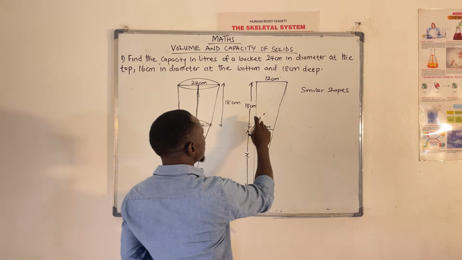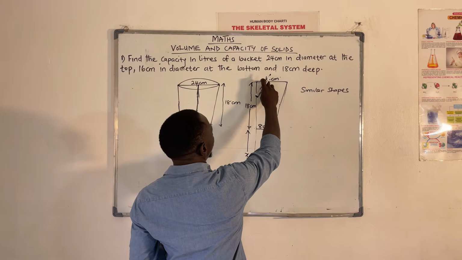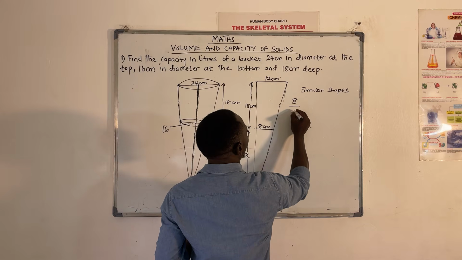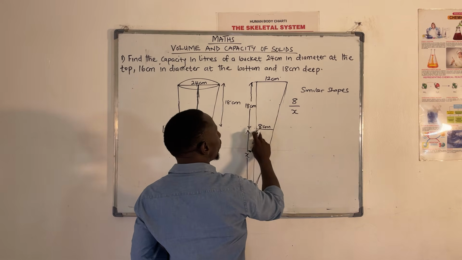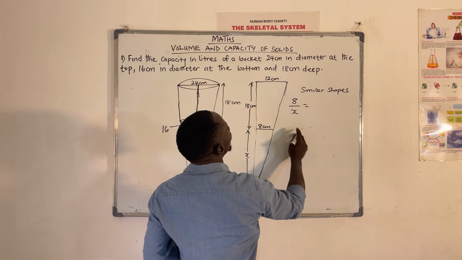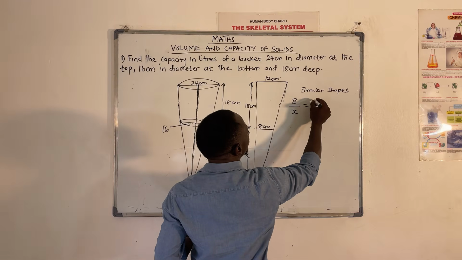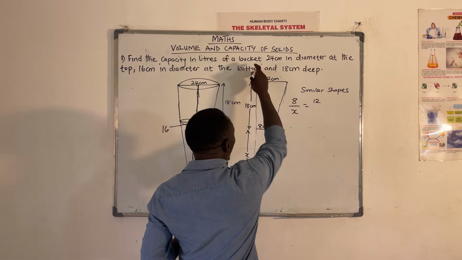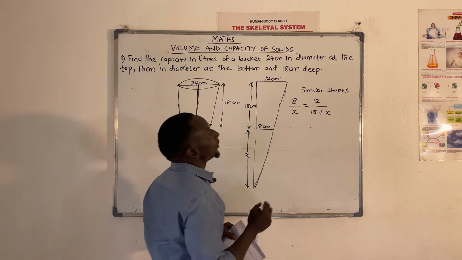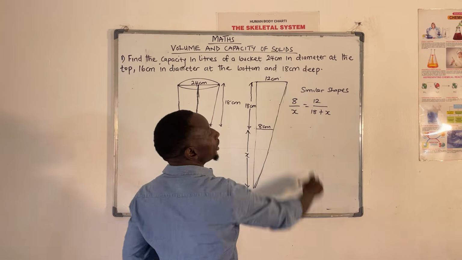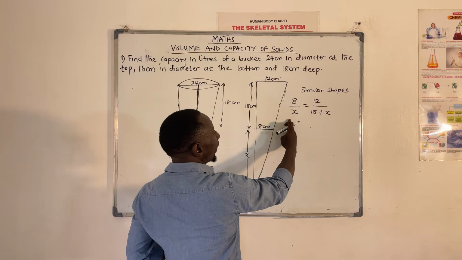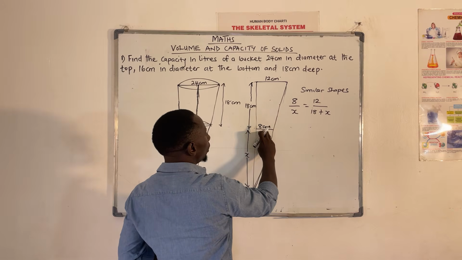So if I have 8 over x, the ratio of this and this side is equal to the ratio of 12 centimeters over 18 plus x centimeters. This is the concept I borrowed from similar shapes, saying that 8 over x, that is this over this.